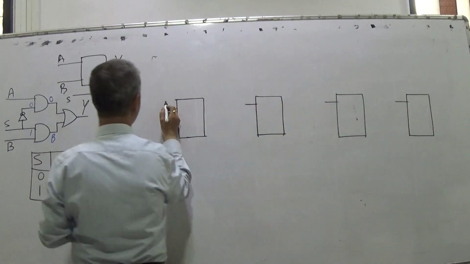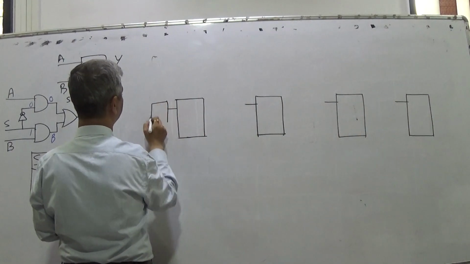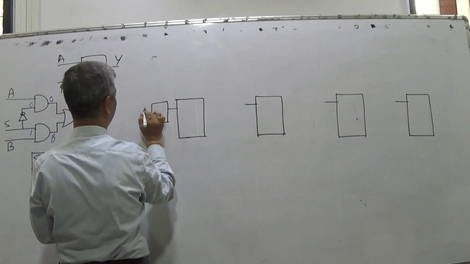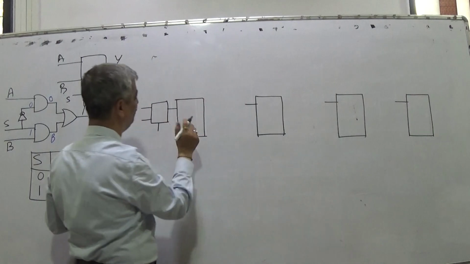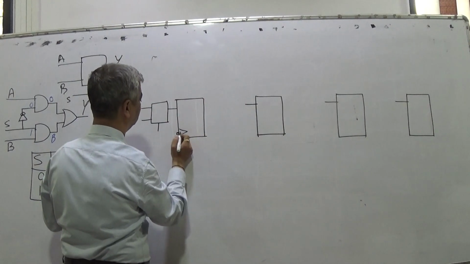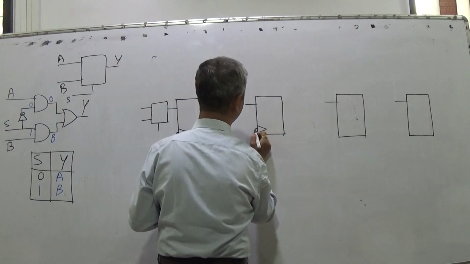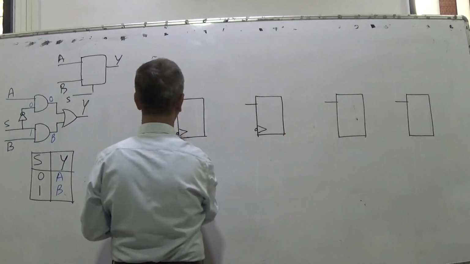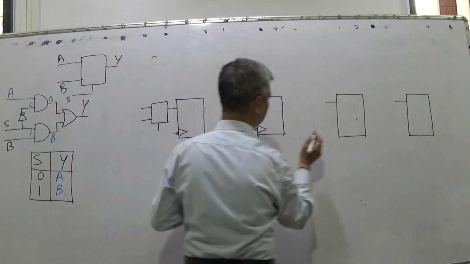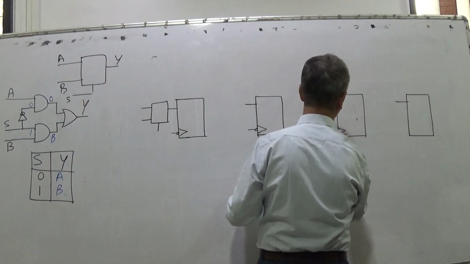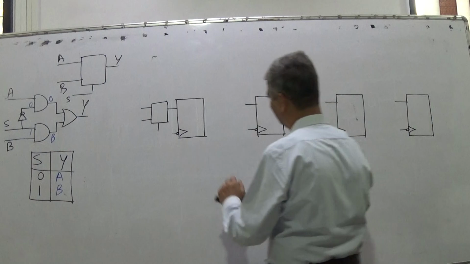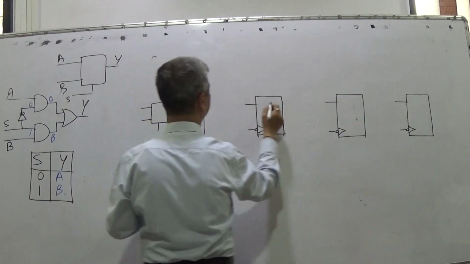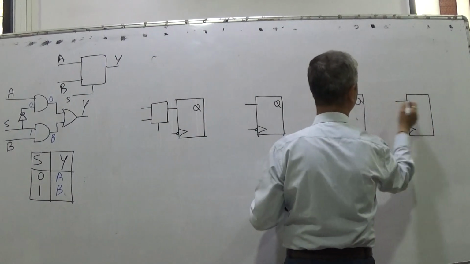Now for each of these, this entire block is put. Now clock I am not showing, clock of all is made common. In normal sequential circuits, clock need not be shown, clock is assumed common for all.